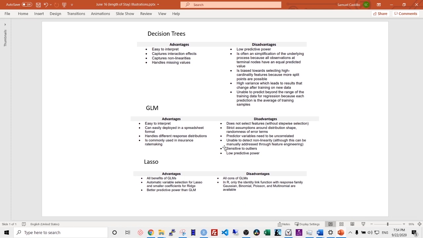Remember, all of the age coefficients were included, whereas with the lasso we only had like age 70 to 80 and 90 to 100. Another disadvantage to using GLMs is that the predictor variables need to be uncorrelated for the statistics to be valid. Otherwise, technically you're using more variables than you need. And so an advantage to the lasso is that it removes the correlated variables. Finally, the GLM often has lower predictive power than using a lasso.